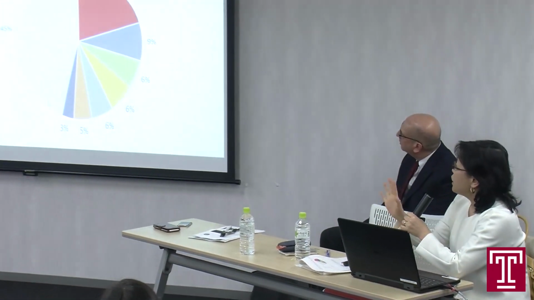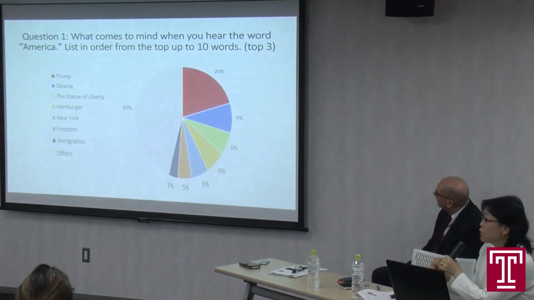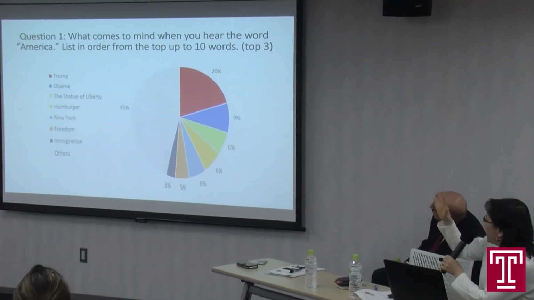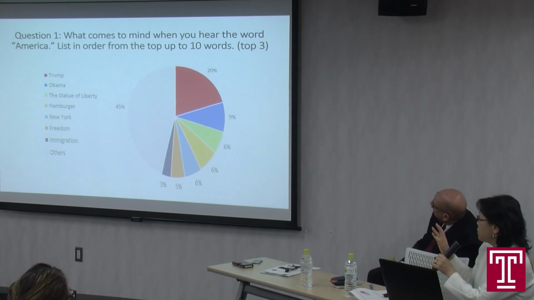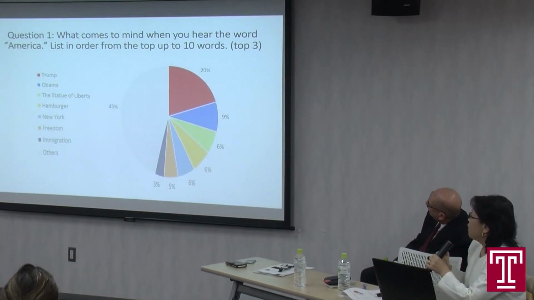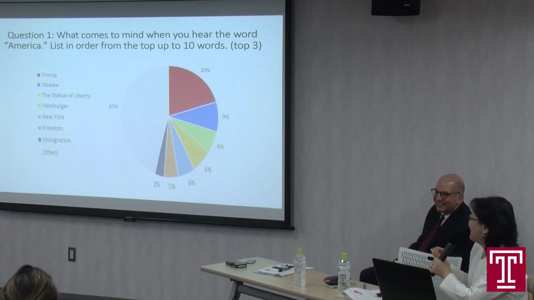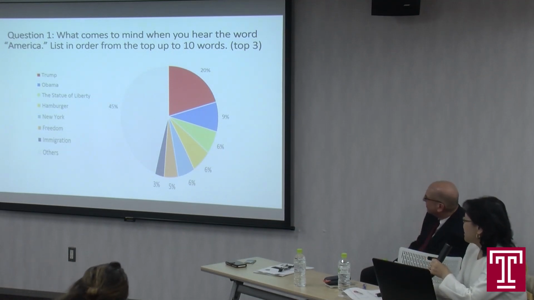When I asked, when you hear the word America, list 10 words that come to your mind, out of 70 students I interviewed, 20% said Trump, followed by 9% saying Obama symbolizes America. That was followed by the Statue of Liberty, 6%, hamburger, 6%, and New York, also 6%.